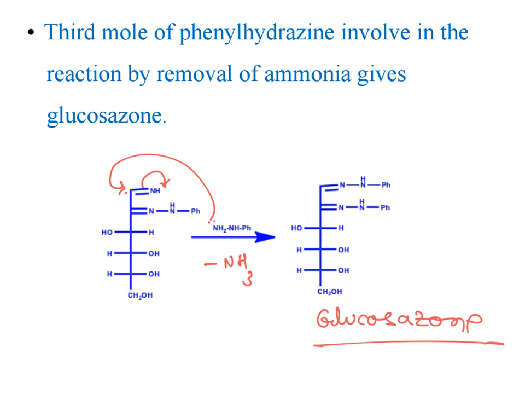In this fashion, glucose is converted into glucosazone. So a total of 1 mole of glucose reacts with 3 moles of phenylhydrazine and is converted into glucosazone. The reaction mainly takes place at the C1 and C2 carbons. So 2 moles of phenylhydrazine are attached at the first and second carbons, and 1 mole is converted into aniline in the process. So this is about glucosazone formation.